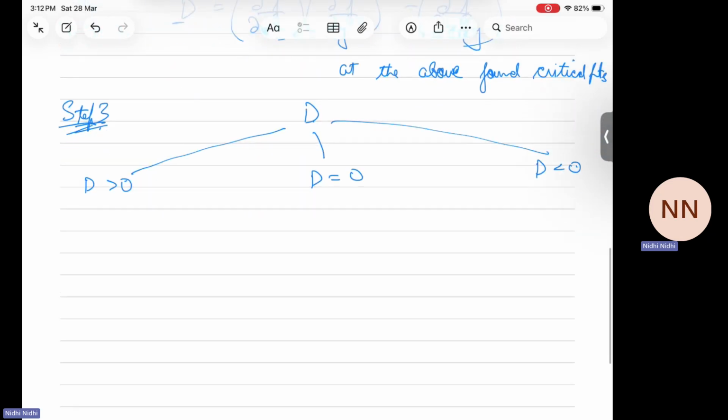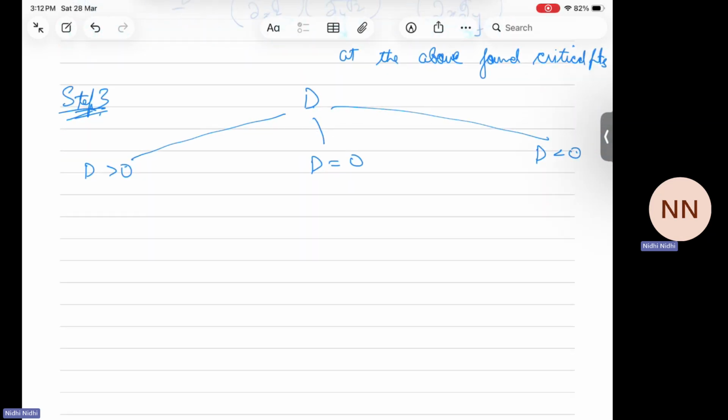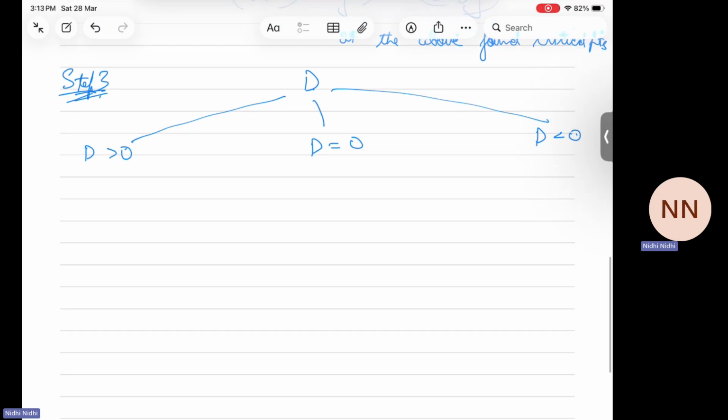Now if D is positive, in that case, we are sure that the critical point will be either a local maximum or a local minimum. Suppose D at some (x naught, y naught) was positive, then we look at the partial derivative del 2f by del x square at this point.